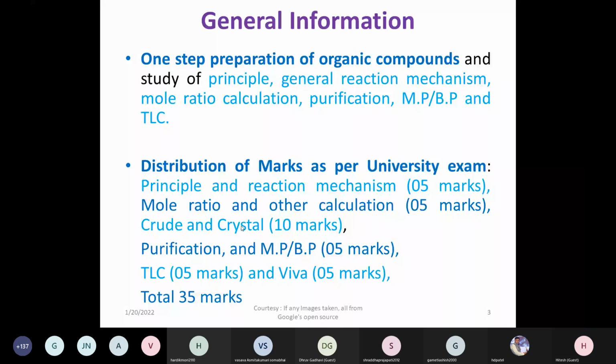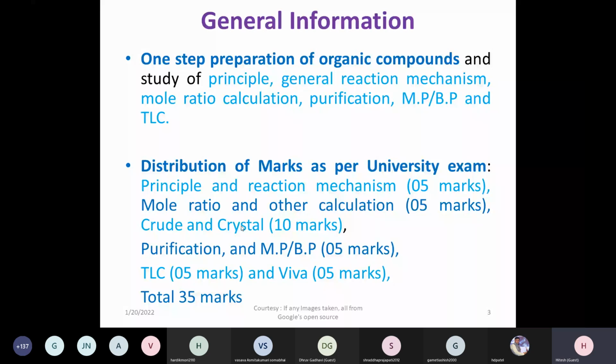Then TLC. TLC means thin layer chromatography. Here TLC is not for the confirmation of the compound. The TLC is for checking the progress of the reaction. When we are doing any reaction, physically we sometimes get an idea whether the reaction is in progress or not. But every time it is difficult to check whether the reaction is in the forward direction, or whether some intermediates are forming, because we can't see that by naked eye.